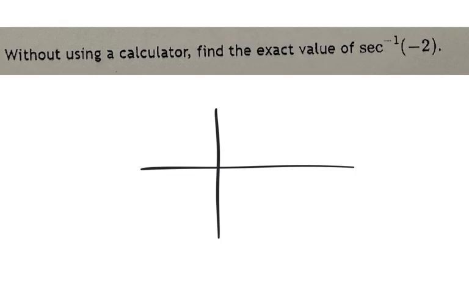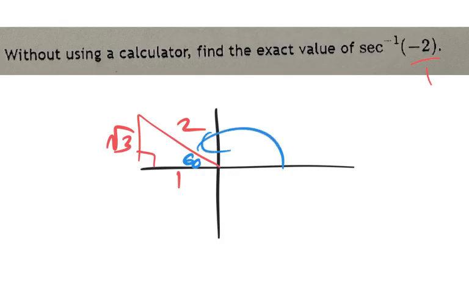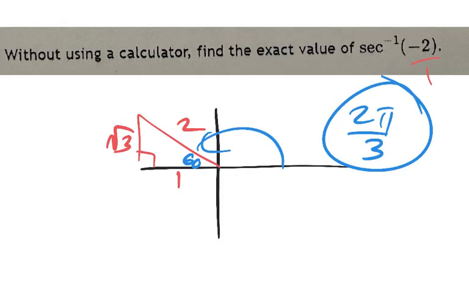Because the argument here is negative, I know I'm in the second quadrant. Cosine is a ratio of the adjacent over the hypotenuse. So secant would be a ratio of the hypotenuse over the adjacent, meaning the missing side is radical 3, meaning my reference angle is 60, meaning I've rotated 2 pi over 3 radians to get there.